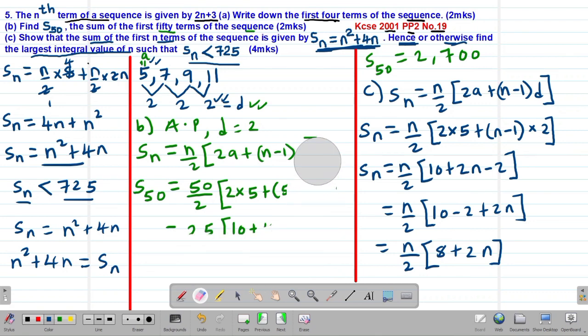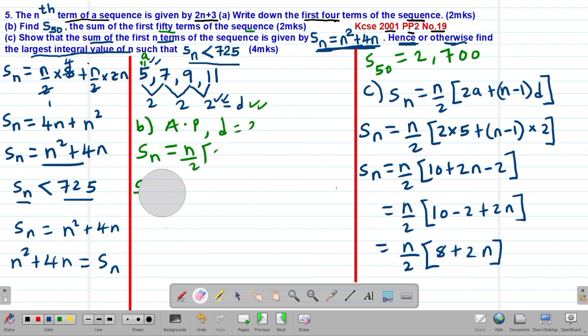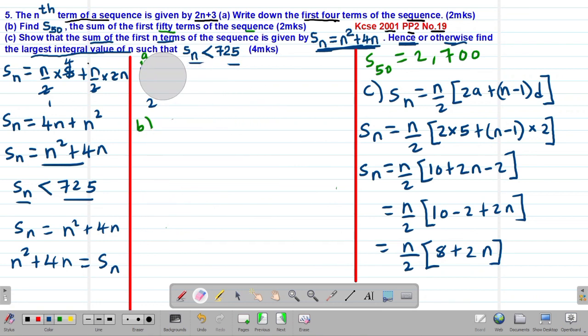So I'm going to end up with n squared plus 4n.